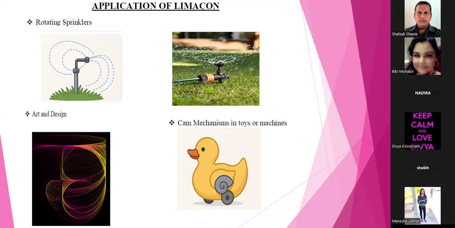Also in art and design, many people create beautiful designs sold for thousands of dollars, like this one, shaped like a limaçon. It's also applied in toys or machines. In a little ducky like this, there is a limaçon where you can wind it and the ducky moves. And there are many more applications of the limaçon in real life.